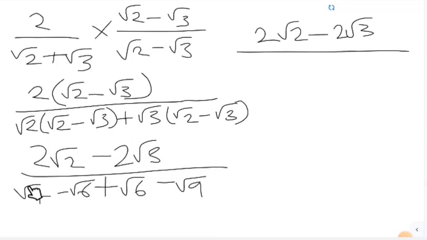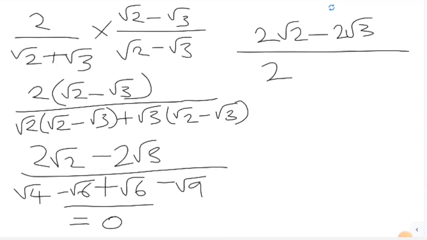If you remember, the square root of 4 is 2, so I'm writing my 2 down. And notice something here: minus root 6 plus root 6 is actually 0, so these both cancel each other out, because you have minus the square root of 6 plus the square root of 6. If you don't know how this comes about, you could DM me and I would share with you some foundations of maths as regards sign manipulations.